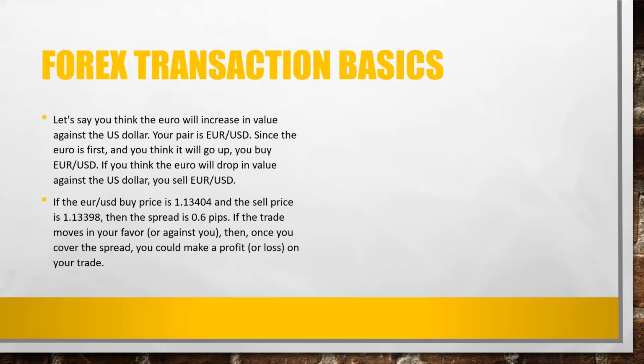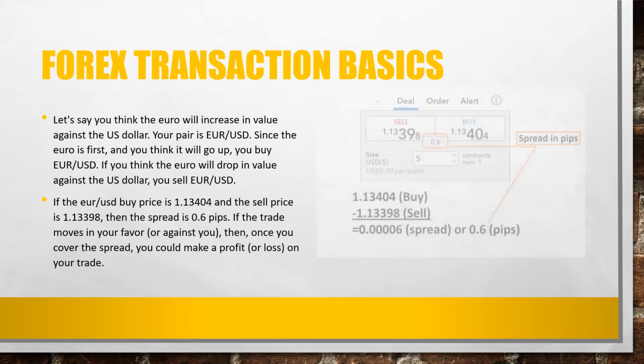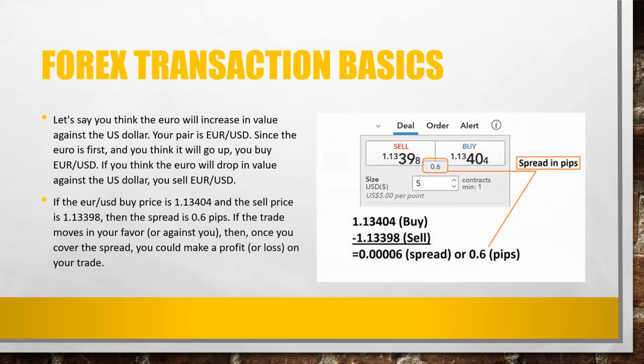So if the euro US dollar buy price is at 1.13404 and the sell price is at 1.13398, then the spread, which is the difference in pips between the bid price and the ask price, becomes 0.6 pips. If the trade moves in your favor or against you, then once you cover the spread, you could make a profit or a loss. So the spread, we call it the cost of doing business.